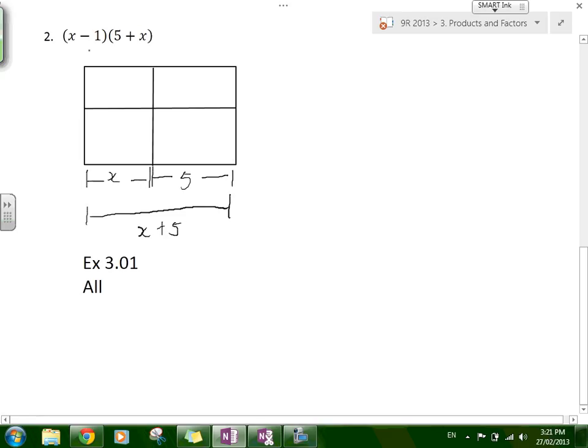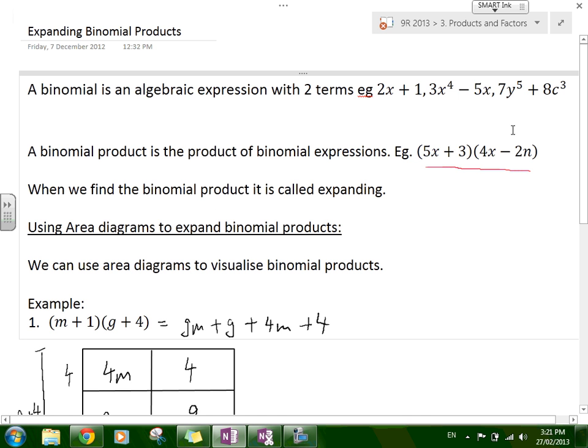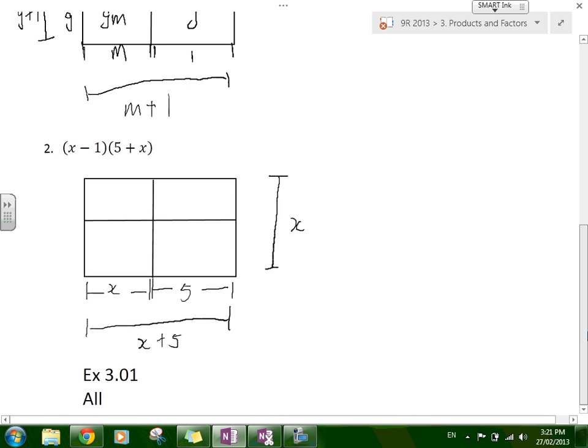Now, when we're doing minuses, this is what I'm going to do. I'm going to call this total distance x. Oh, sorry, that's the same letter. Let me change the letter.